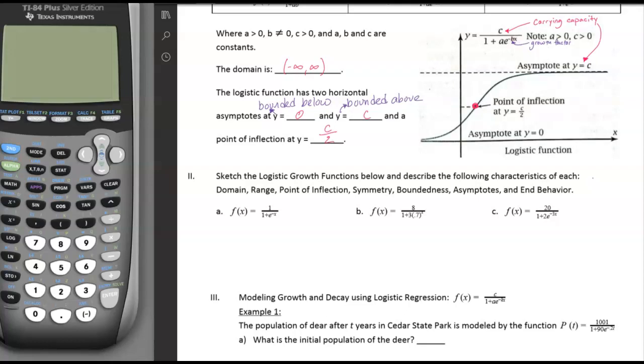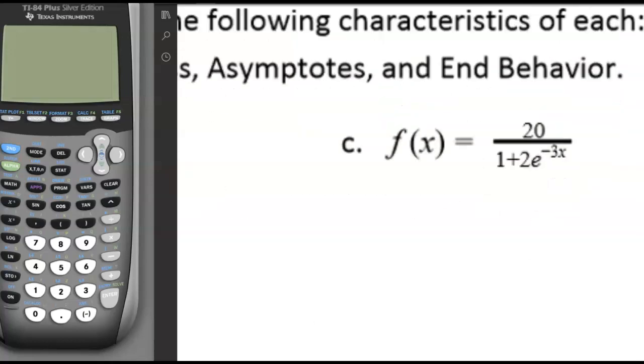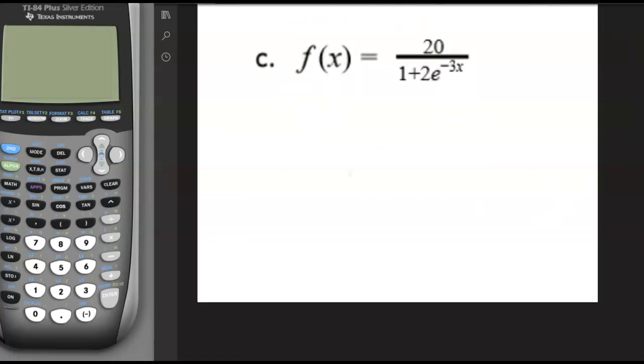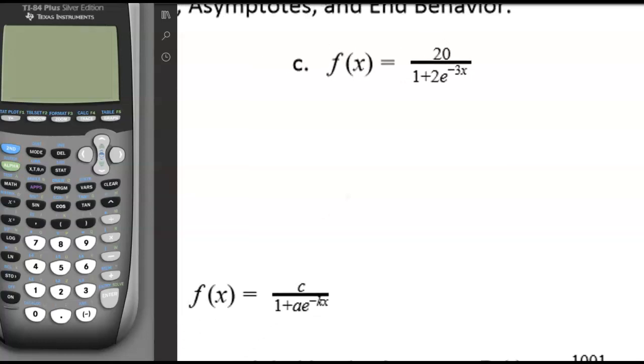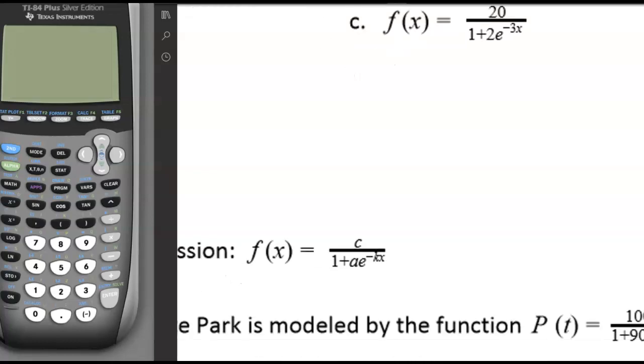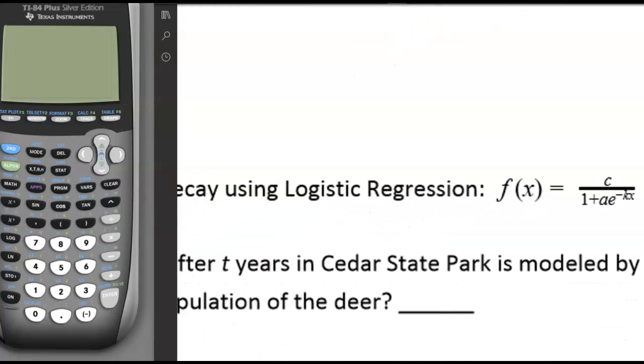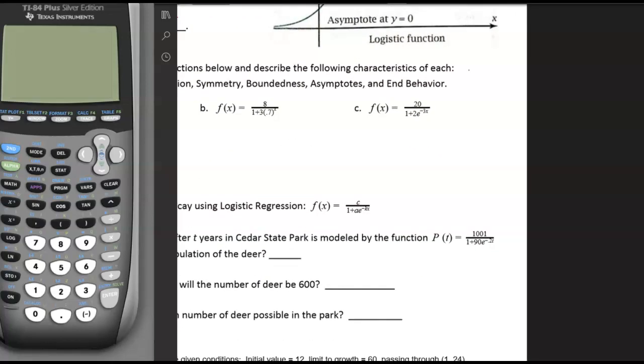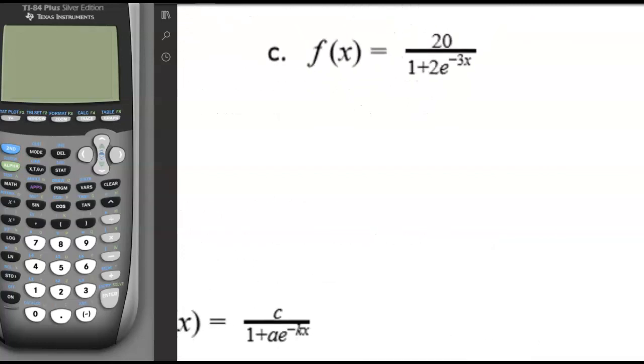So I'm looking at this part c. We're trying to find, what does it want first? Our domain and range, I think. What is our domain of this logistic growth function? All real numbers.